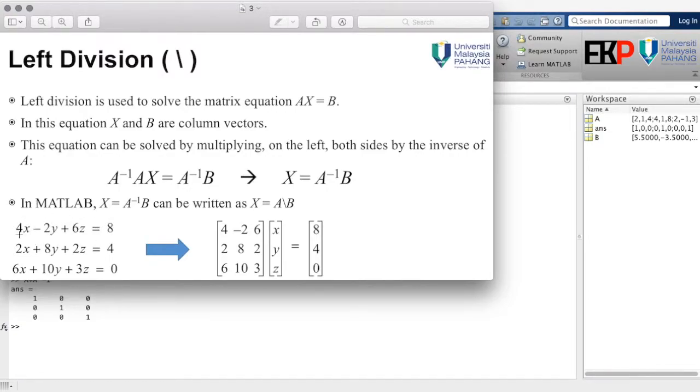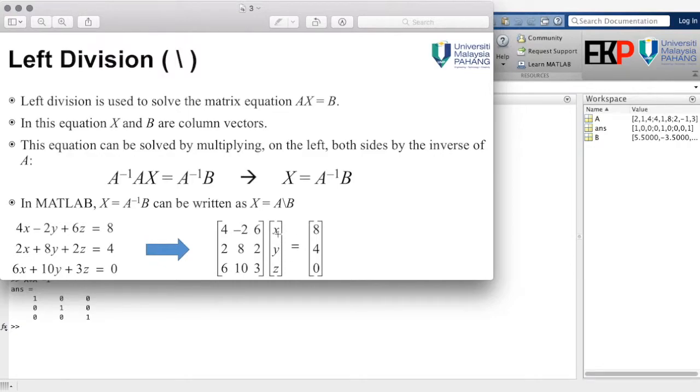So we can rewrite this in matrix form, taking all the coefficients to become 4, -2, 6, 2, 8, 2, 6, 10, 3. And then there is another column vector of the unknowns x, y, z, and this is equal to another column vector 8, 4, and 0.